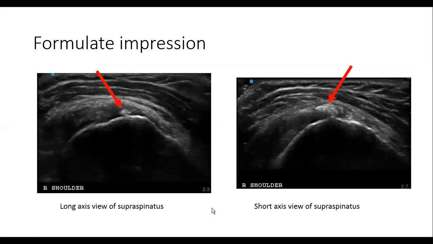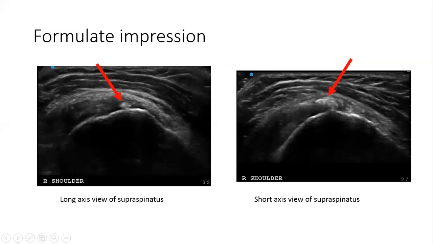So let's say we don't see the tear. I mean, it's possible that there is a tear, but it just doesn't look healthy, right? So there is hypoechoic diffuse signal, and there is loss of normal echotexture of the tendon. So that's more of inflammation or degeneration, right?